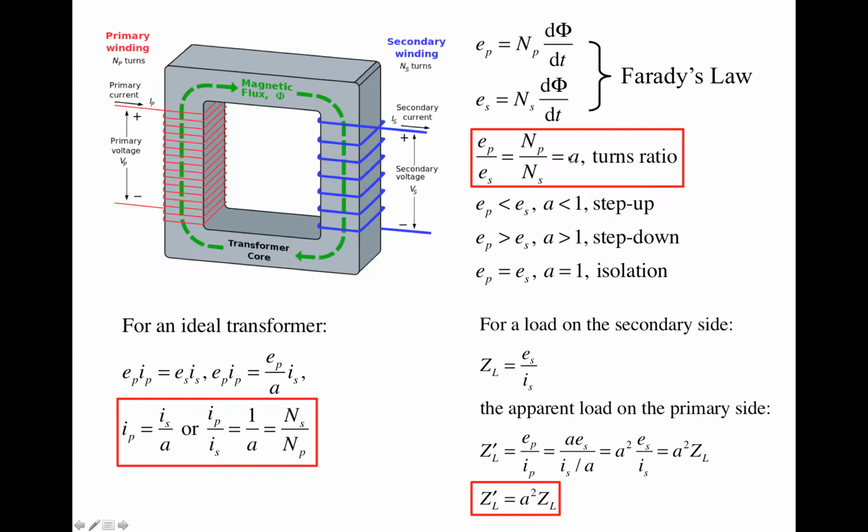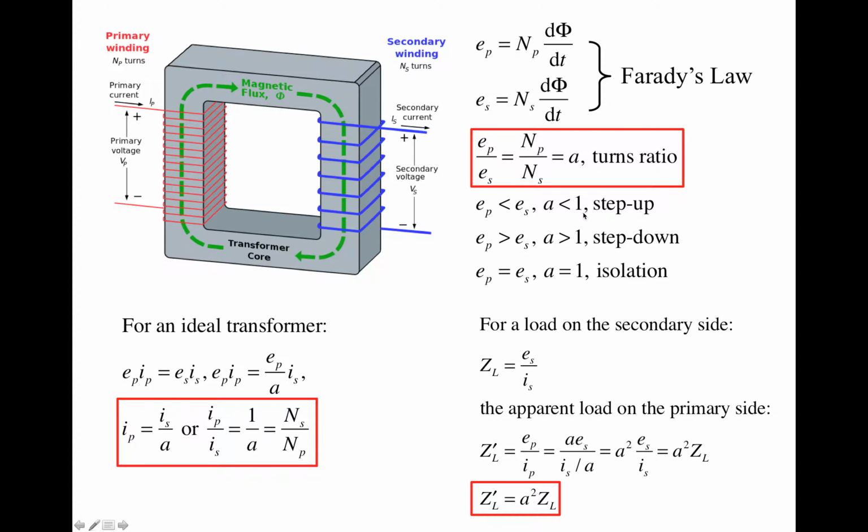In the literature, sometimes the inverse of a is represented using the letter n, but here we'll just use a. So a is the turns ratio between the primary side and the secondary side.